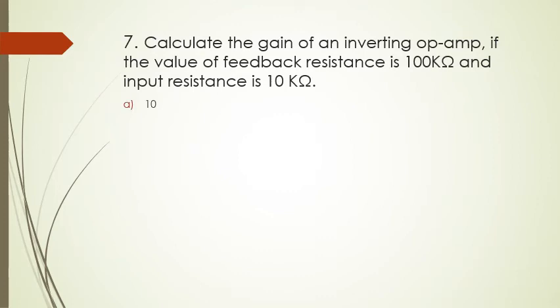This is the simple formula, and here the two values are already given. So minus 100, RF equals 100, upon Rin equals 10. So that becomes minus 10. Option B is the correct answer here.